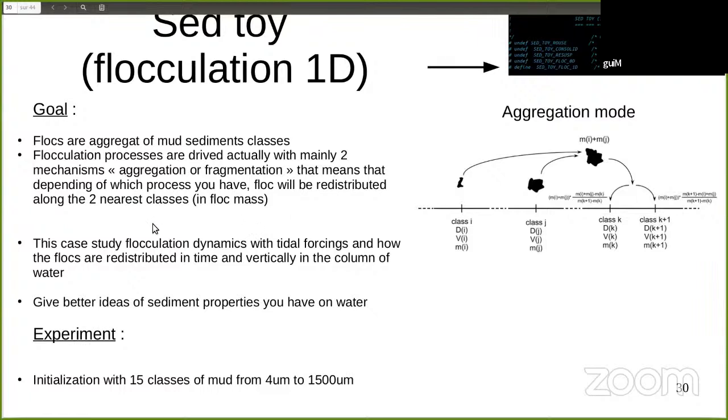So what does it mean? It means that anytime and anywhere on your column, you will have redistribution of the distribution of your material, and we see it on the next slide.